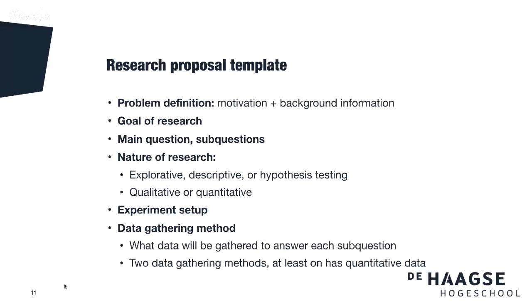What data are you gathering? So for each sub-question, what data gathering methods are you going to use? You need to use at least 2 data gathering methods, and one of them has to be quantitative, because then we're also going to do the statistical analysis on that. Okay, clear?